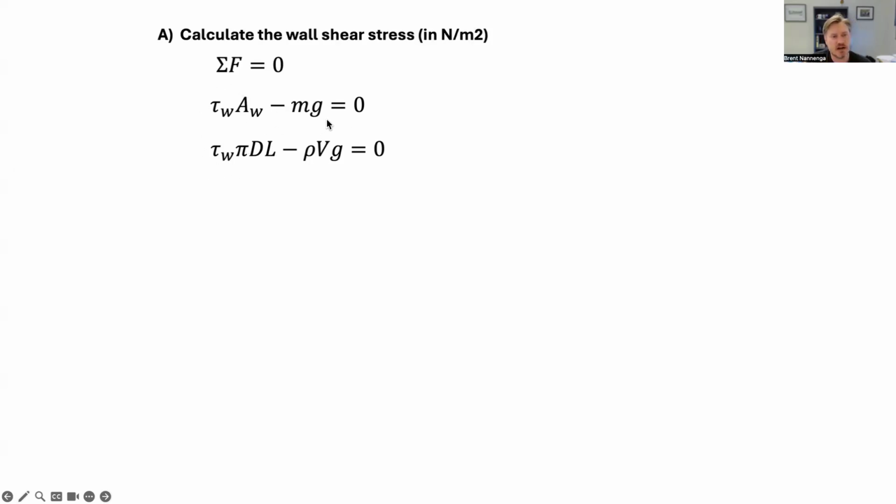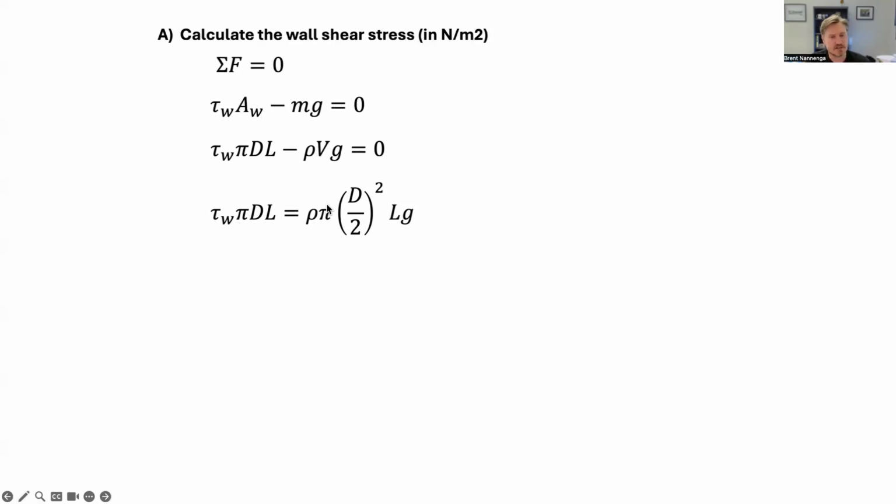If we look here at the gravity term, we don't necessarily want to deal with mass. We want to deal with volumes, volumetric flow rates, things like that. And so we'll convert mass here to just density times volume times gravity. So we just converted this equation a little bit. Next step, we're going to move this term over, and we're going to turn volume into diameters, because we have diameter on this side.